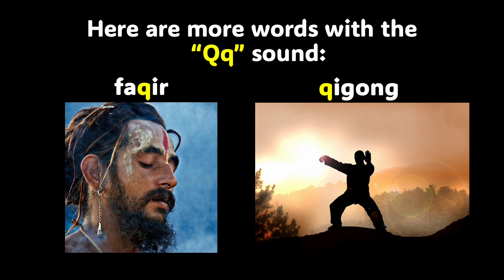Then the second word, Q-I-G-O-N-G, is a word that we have borrowed from the Chinese language, and it is pronounced qi-gun. Qi-gun. The Q is pronounced like a CH. So these are two words that have an irregular pronunciation of the Q.